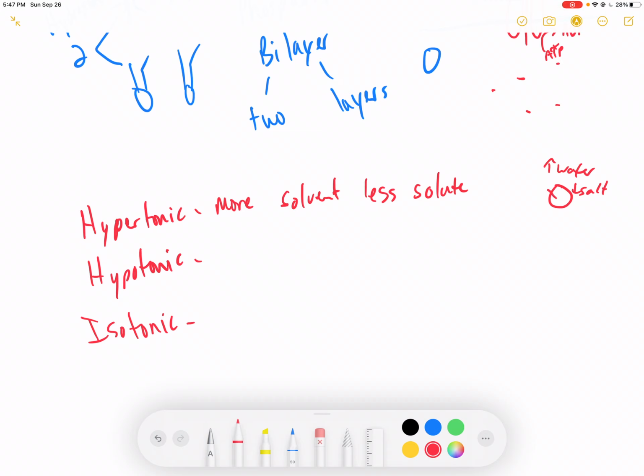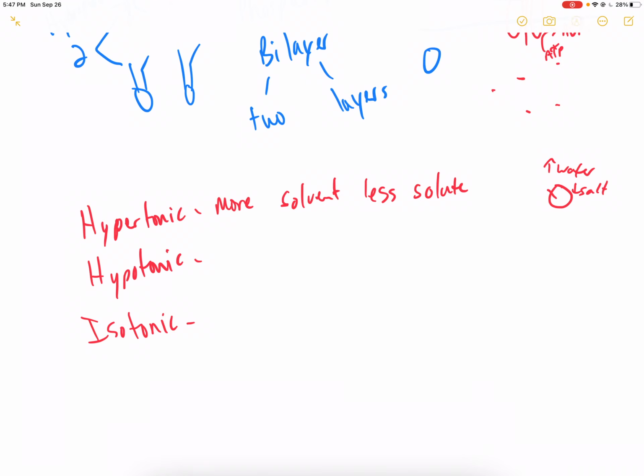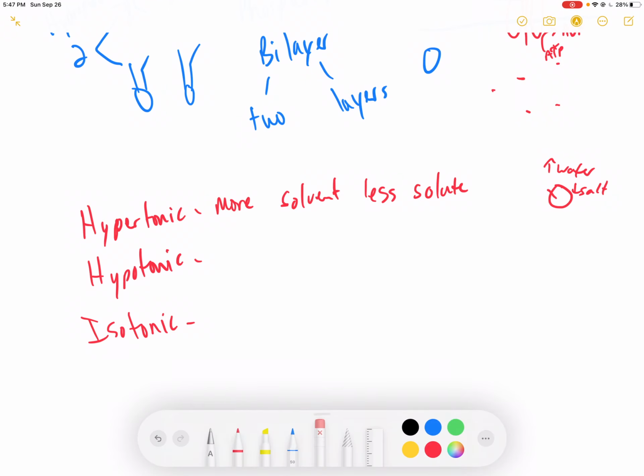So flip that, sorry. So go back and flip that. We have decreased solvent, increased solute. So at higher salt concentration, water's going to move out for it to shrivel up or shrink.